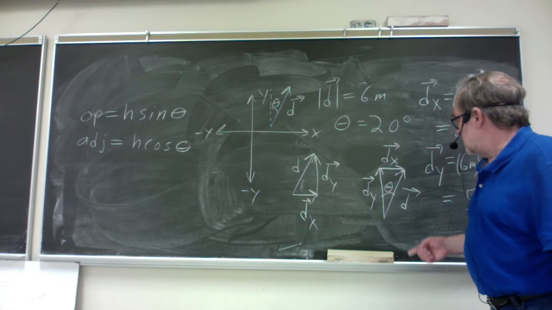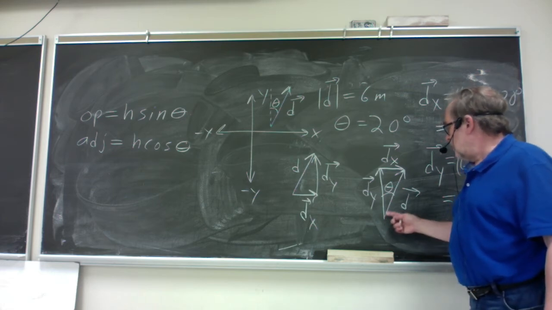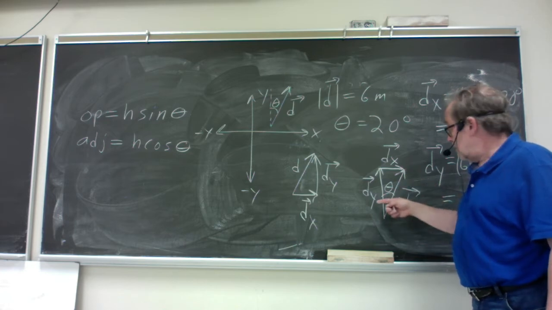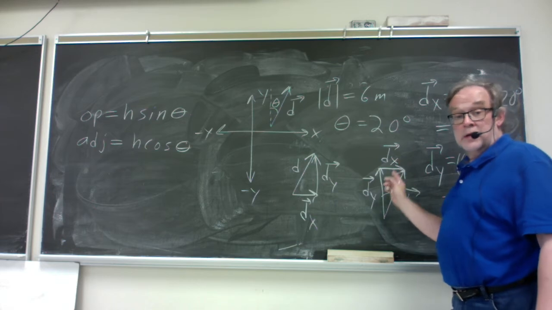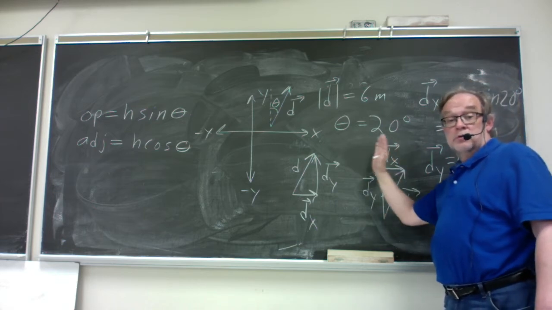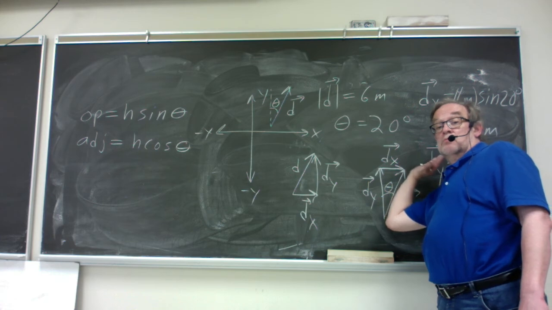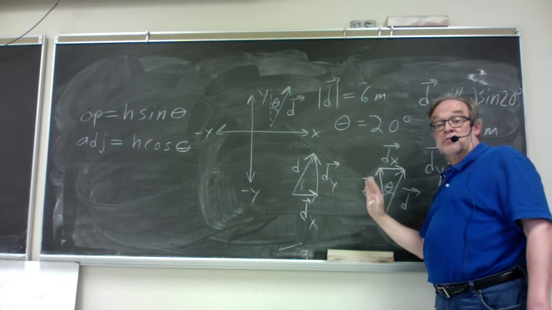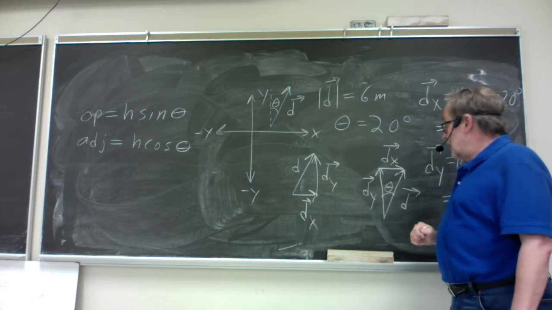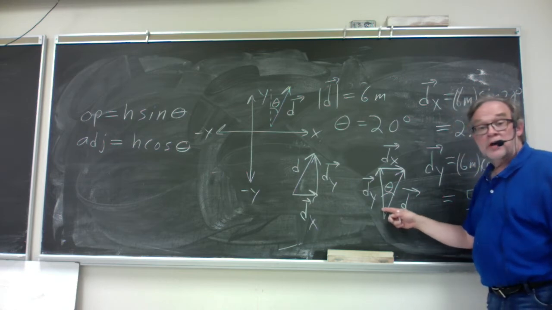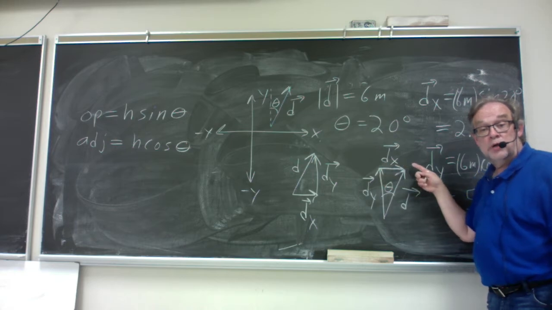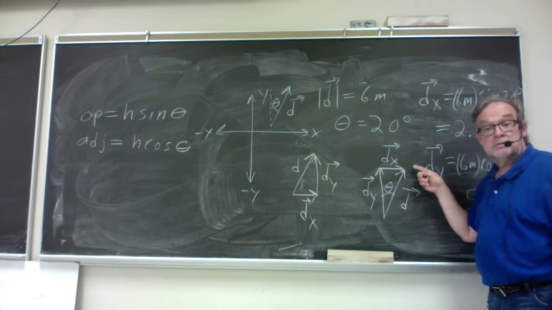In other words, the displacement that takes you from here to a point 6 meters away, when you move along an angle that was 20 degrees clockwise with respect to the positive y-axis, that's the same as going 5.6 meters straight in the positive y direction and then 2.1 meters straight in the positive x direction.